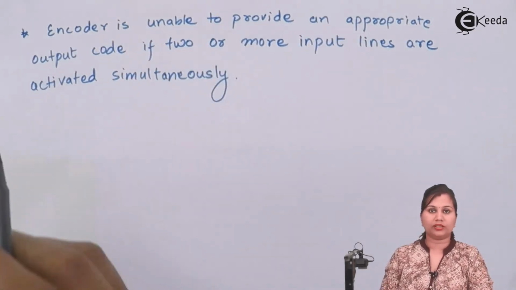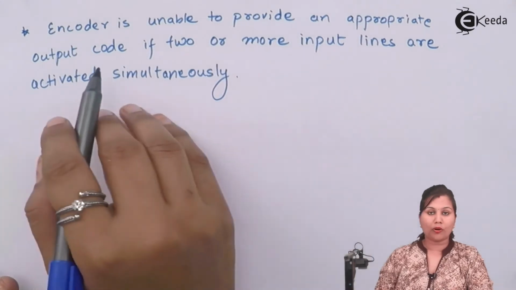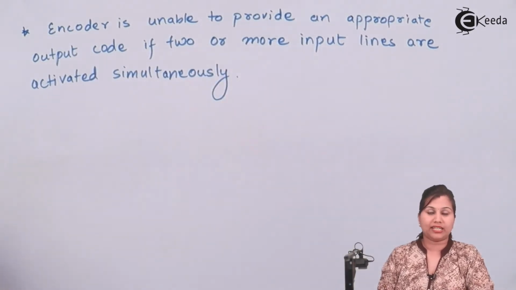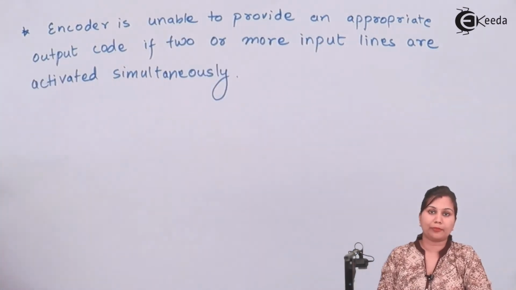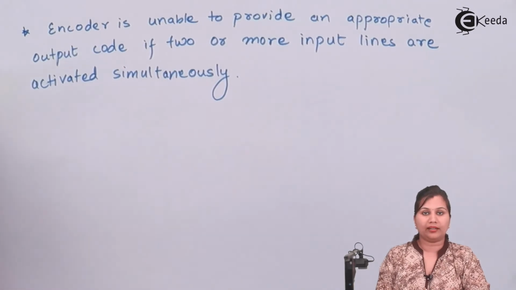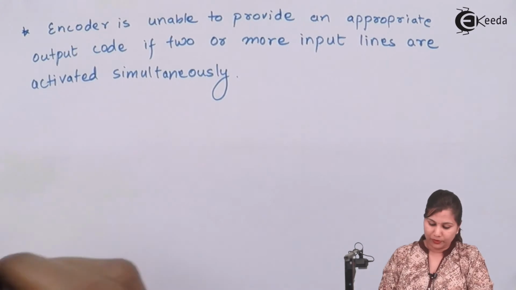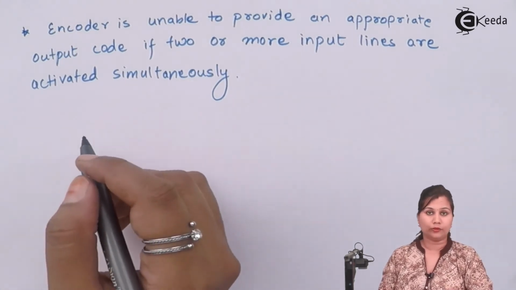If we activate 2 or more input lines at the same time, the encoder is unable to provide an appropriate code, because it gets confused about which output code to provide.